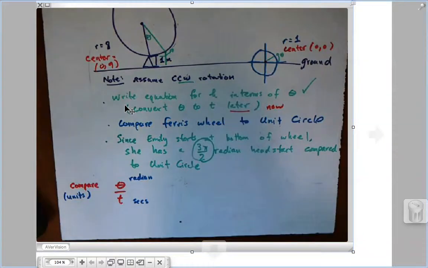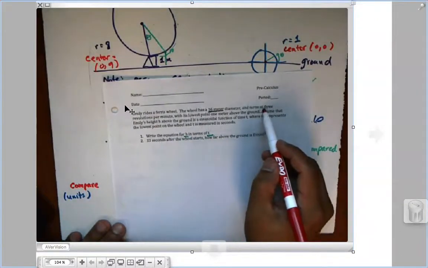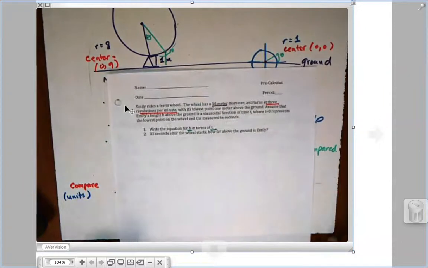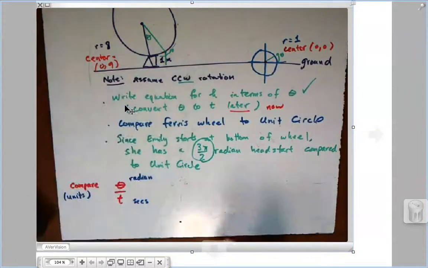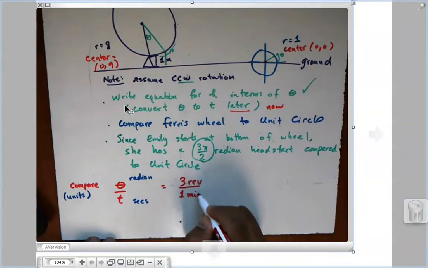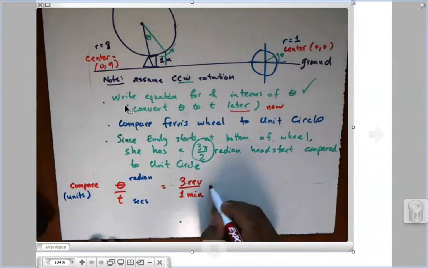Now let's look at the problem again for one more bit of information. It says that it turns at 3 revolutions per minute. So that means we have 3 revs per 1 minute, and we need to somehow convert it to radians per second. And this is a unit conversion problem.